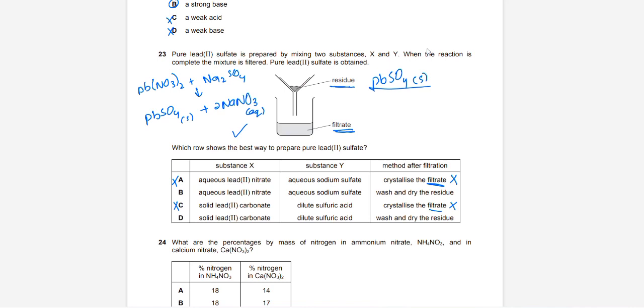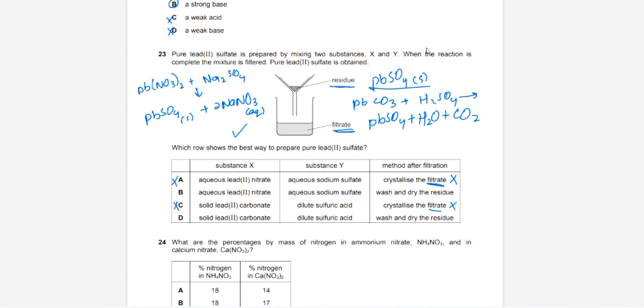That is the solid lead carbonate, PbCO3, plus sulfuric acid, H2SO4. What will be formed? Lead sulfate plus H2O plus CO2. But here the gas is released and three products are formed.